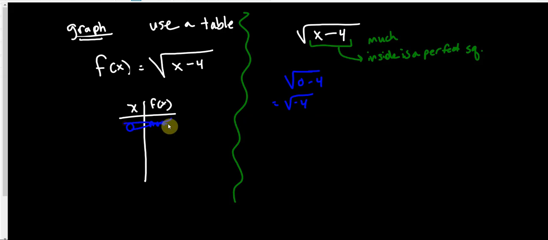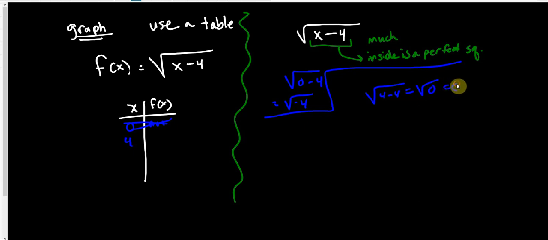So we don't want to use x equals 0. We could try 1, that'd be negative as well. If I put a 2 in, that'd be negative 2. What's the first number that I can plug in for x that would give me something that's not negative? If I put a 4 in there, 4 minus 4 equals 0. What's the square root of 0? It's just 0. Okay, we got our first point.